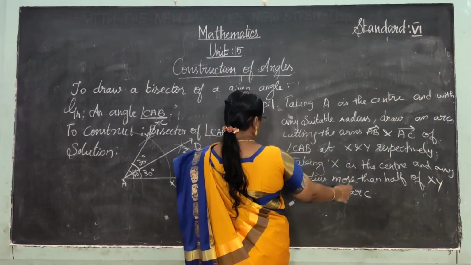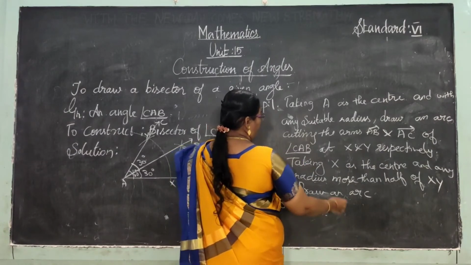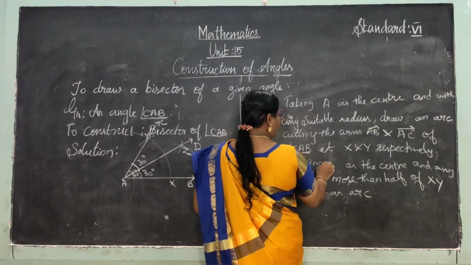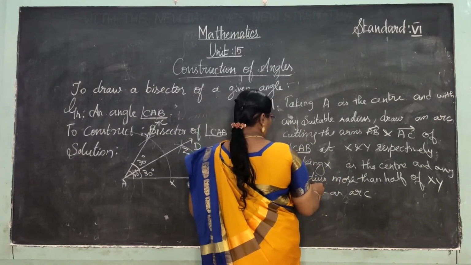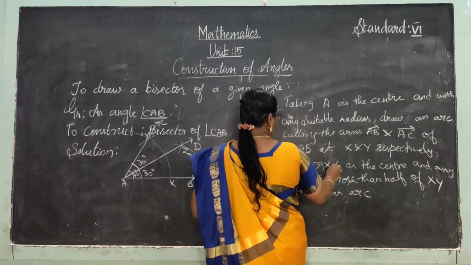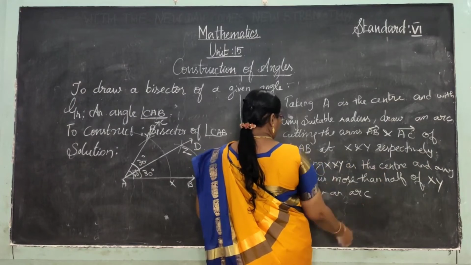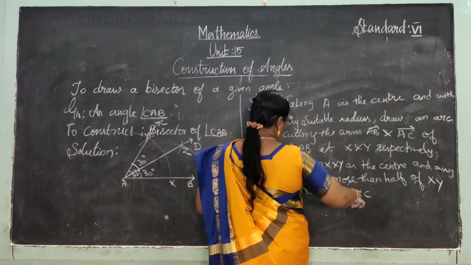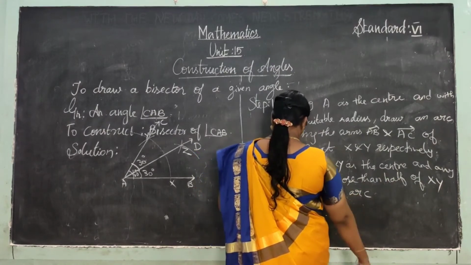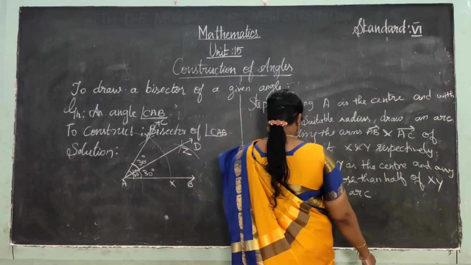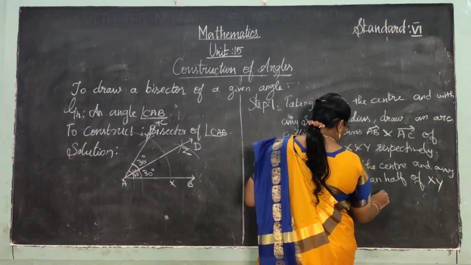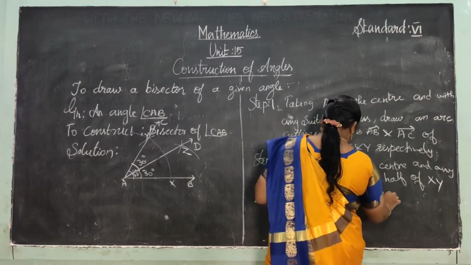Taking X and Y as centers and any radius more than half of XY, draw an arc. Draw arcs intersecting each other.